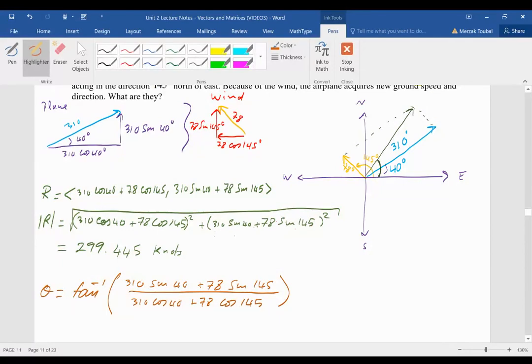We're going to do tangent inverse, and then we're going to do the fraction.